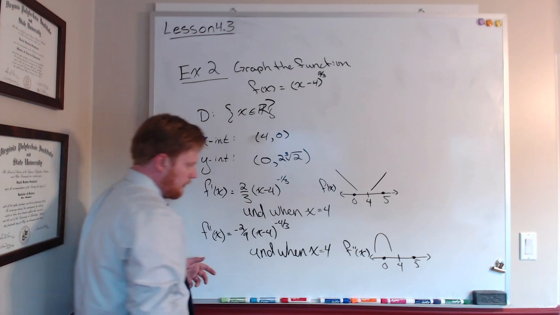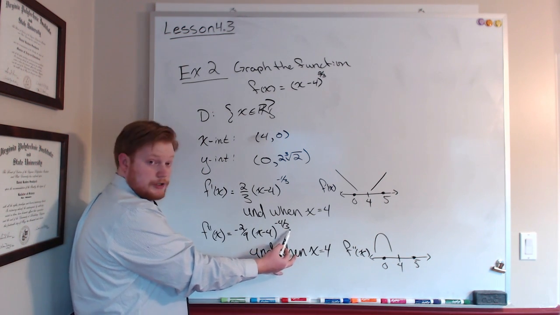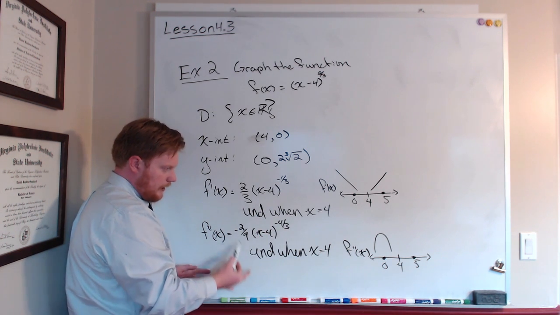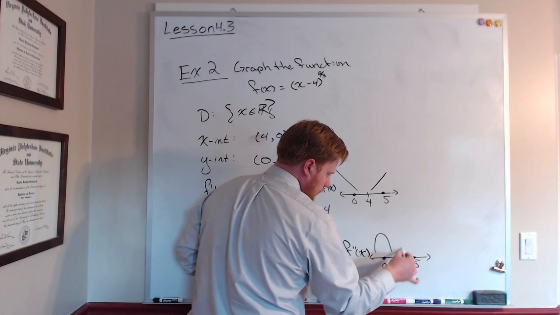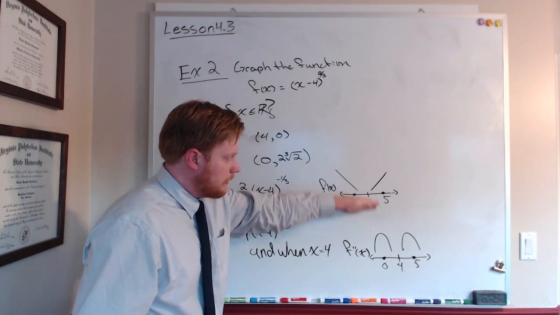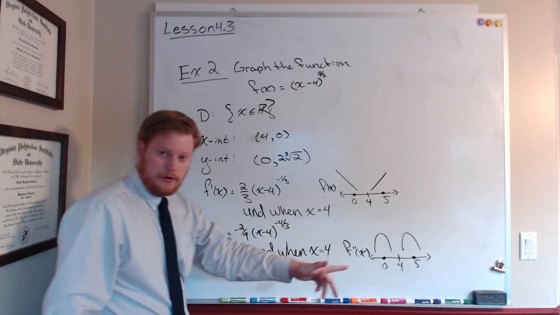When I plug in 5, I get a positive number, the cube root of which is positive, and then I raise it to the 4th power, it's positive. And I still have a negative number here, so it's a negative times a positive, which is negative, so I'm concave down. So I'm concave down everywhere, however, I'm decreasing to 4 and increasing from 4.